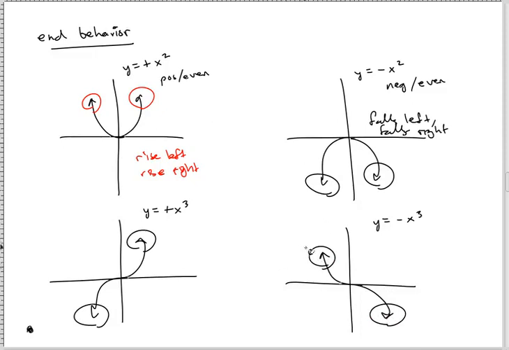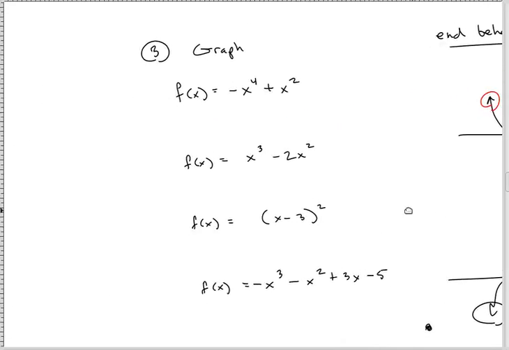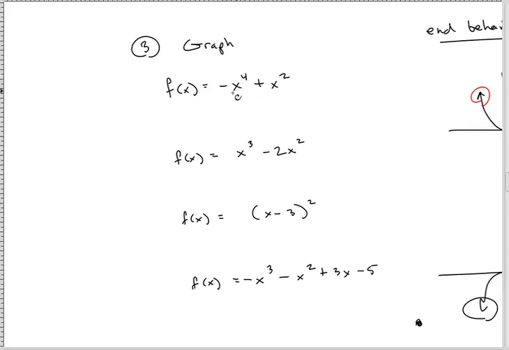So what I'm looking for here is the biggest power, the degree, what I like to call the boss, and he's going to determine which one of these it is. So for an example, when I'm looking here at this first one, notice that he is the biggest power.